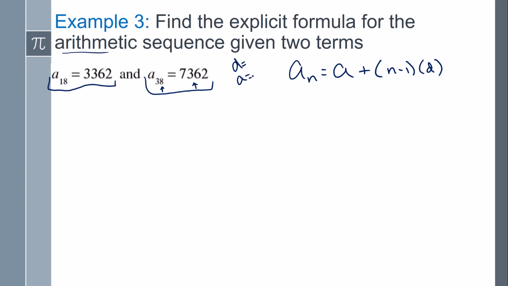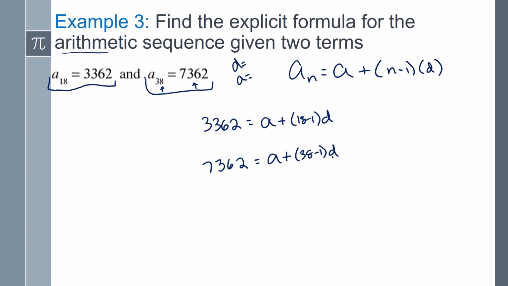So my first equation is going to be a sub n equals a plus n minus 1 times d. My second equation is going to be a sub n equals my first term plus n minus 1 times d.